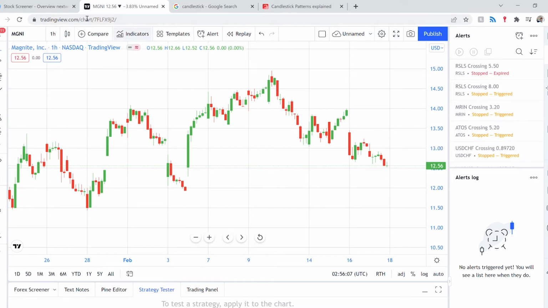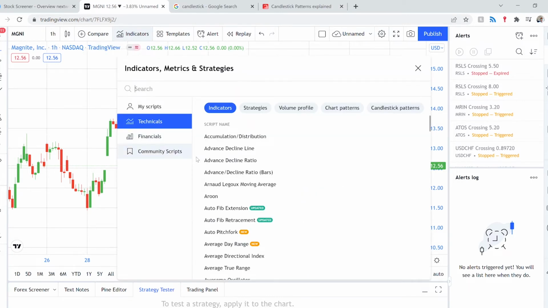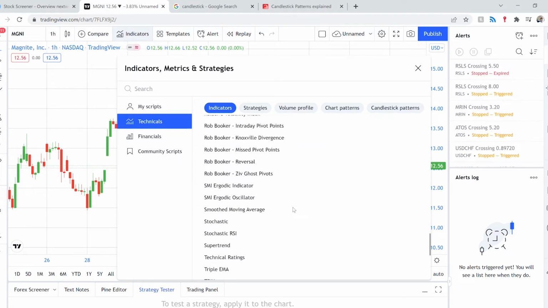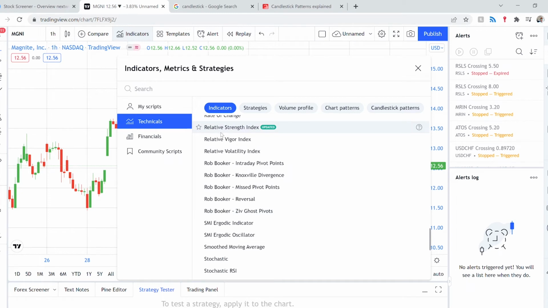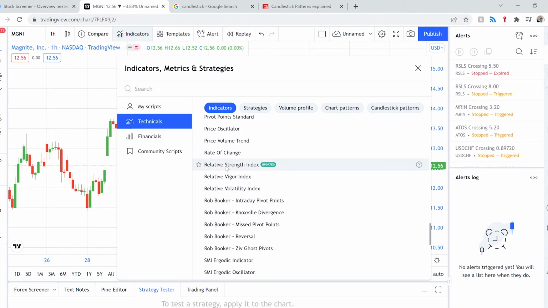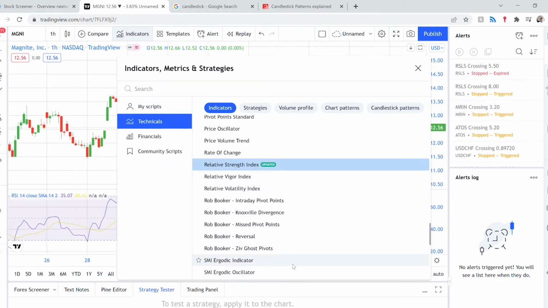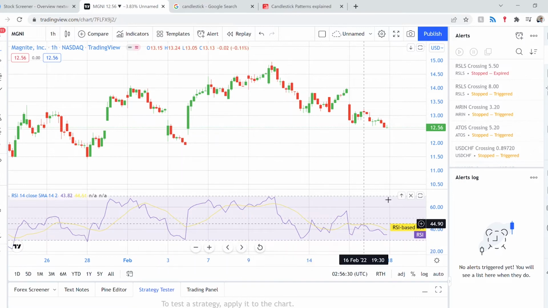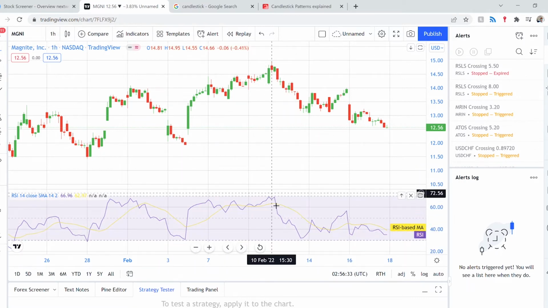And under TradingView, there's something here called indicators. You select that, then technicals, indicators, scroll down to one indicator I like using, called relative strength index, right here. You select that and you close this, and now right here we have a little window showing something going on.